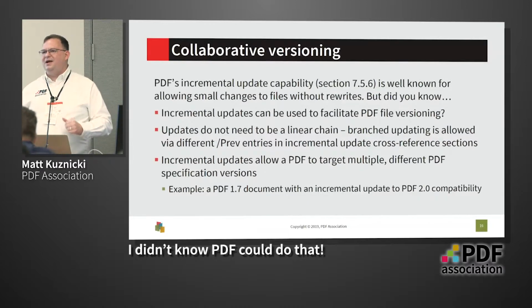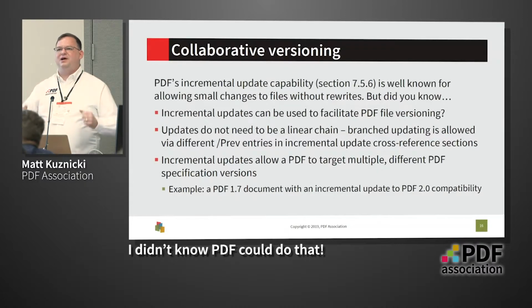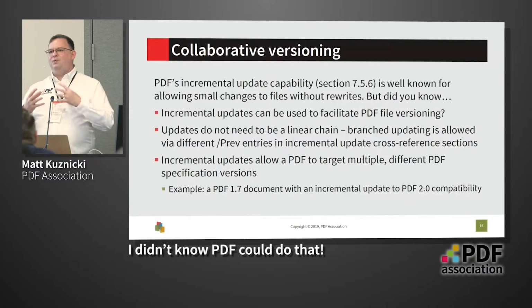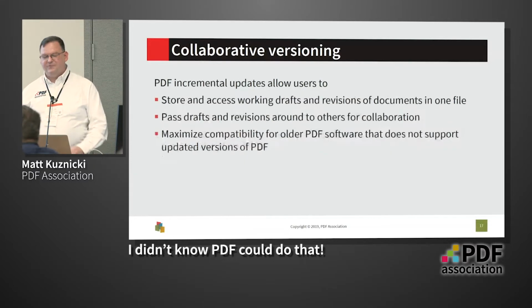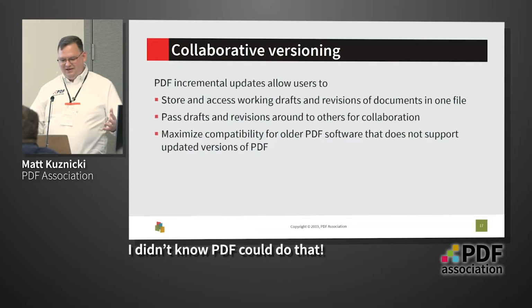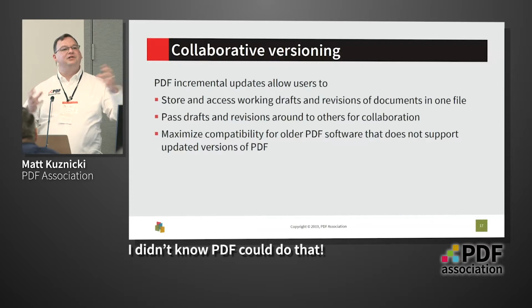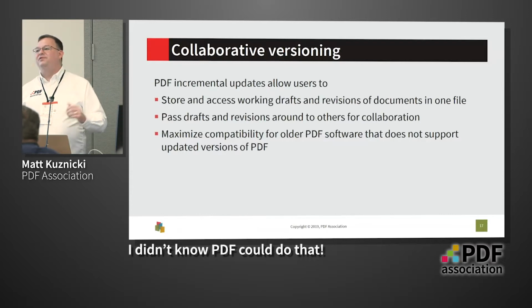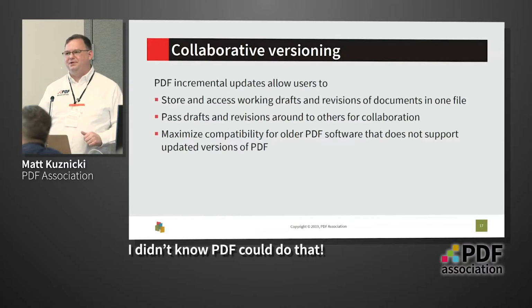Versioning is an easy way to bring out a PDF 1.7 document and then with an update, transform the content that you want to be PDF 2.0 enhanced into what's now a PDF 2.0 document. So incremental updates allow these. We know that they allow storing and accessing versions and working drafts, revisions of documents in one file, and we've seen how they can maximize compatibility.